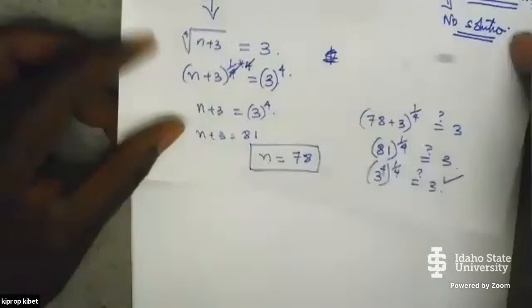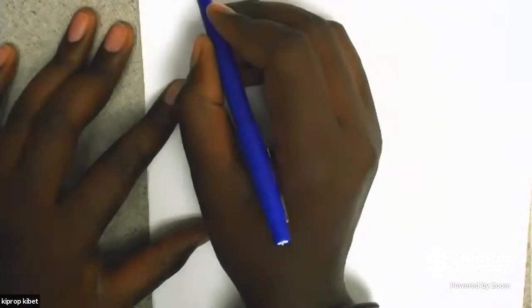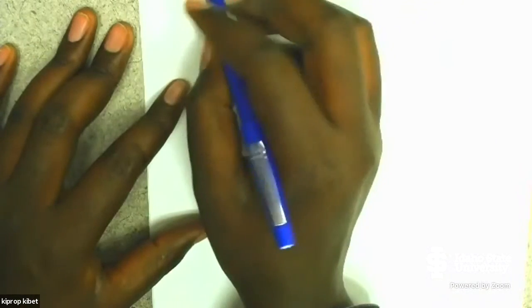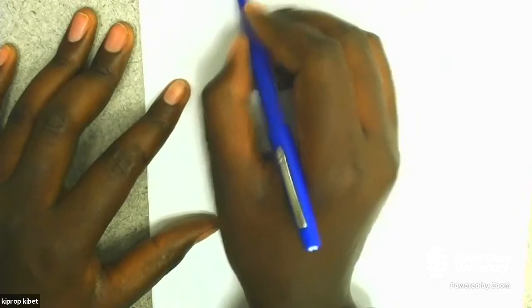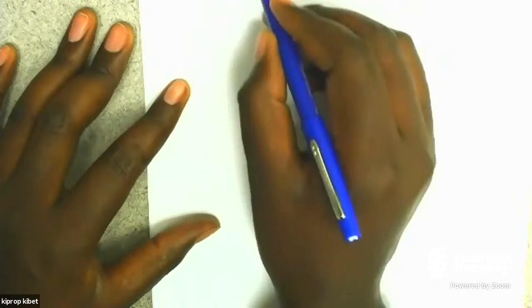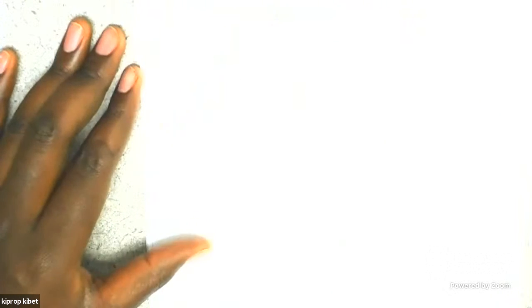Okay, now let's do another example. 2z minus 12 raised to 1 over 3 equals minus 12.